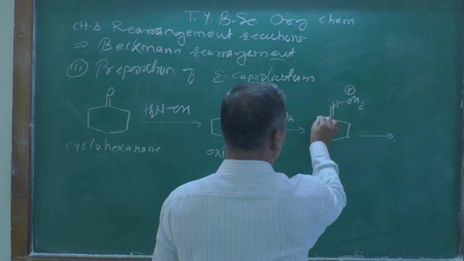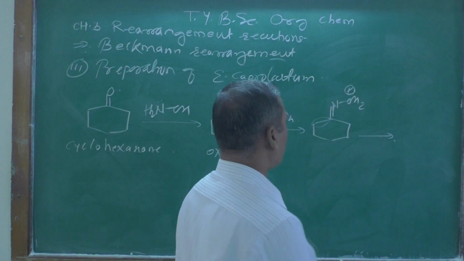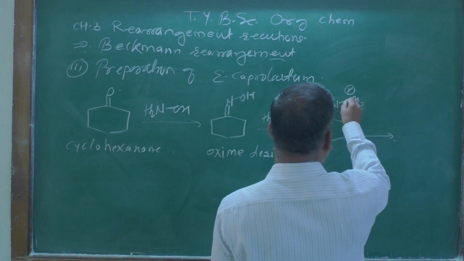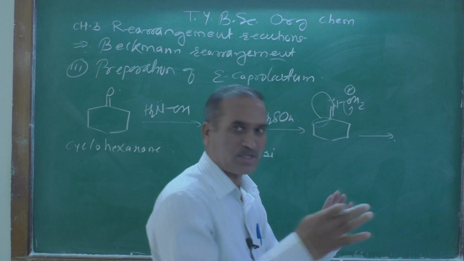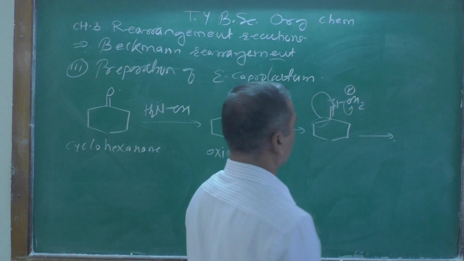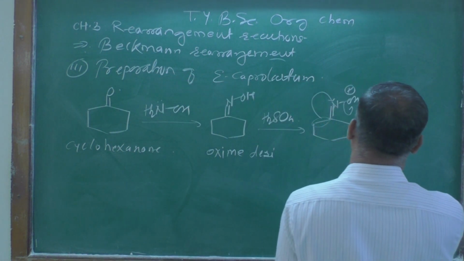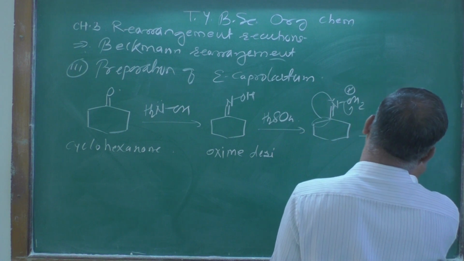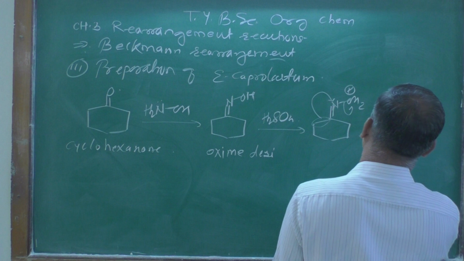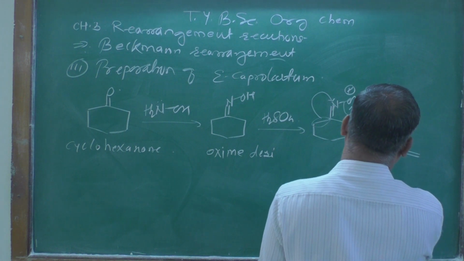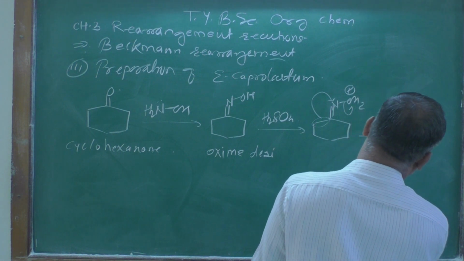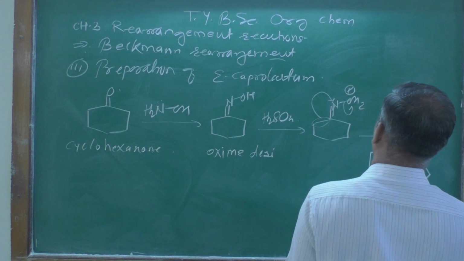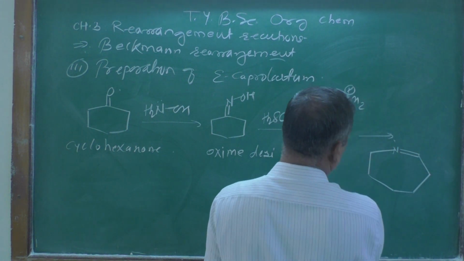This bond, which is anti to that hydroxy group, is going to shift from here to here, and there is an expansion of the ring. So you are going to get here a nitrogen atom, then double bond. This is bond 1, 2, 3, 4, 5 and 7, I think. A 7 membered ring is formed.